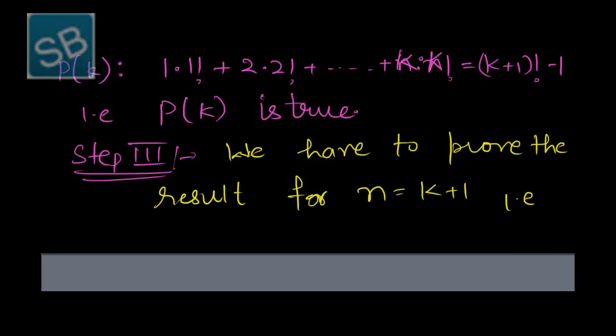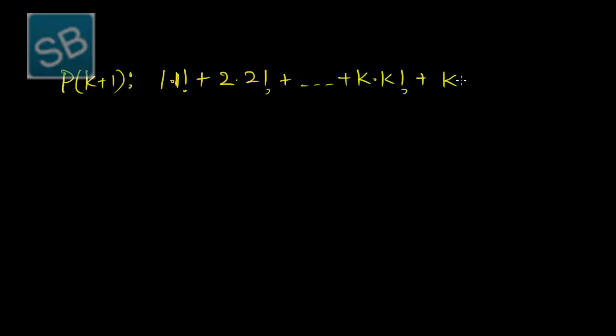That is, P of k plus 1 means 1 into 1 factorial plus 2 into 2 factorial, and so on, k into k factorial, plus the last term k plus 1 into k plus 1 factorial is equal to, replacing n by k plus 1 in the right hand side, k plus 1 factorial minus 1.